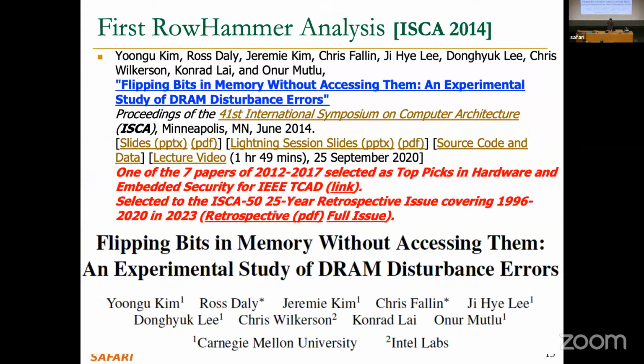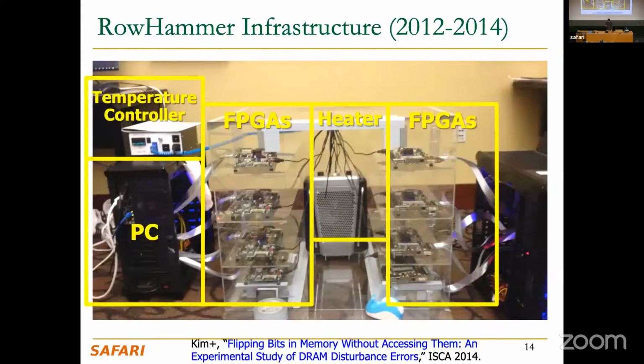To start with, we look at the first paper that discloses and demonstrates RowHammer. This was published in ISCA 2014, exactly 10 years ago. Back then, we used this kind of infrastructure that my colleague already briefly introduced.